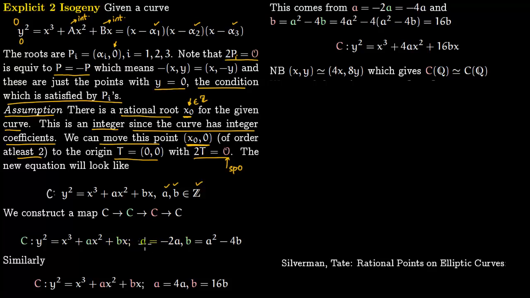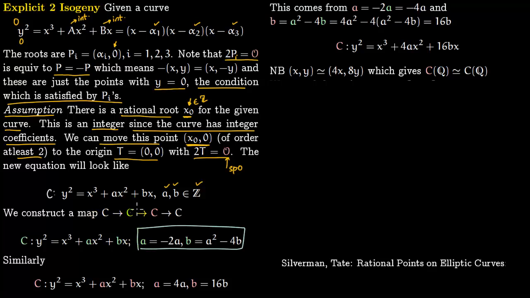This green a and b we get from the white ones: green a is −2a, and green b is a² − 4b. This is the relationship we get.